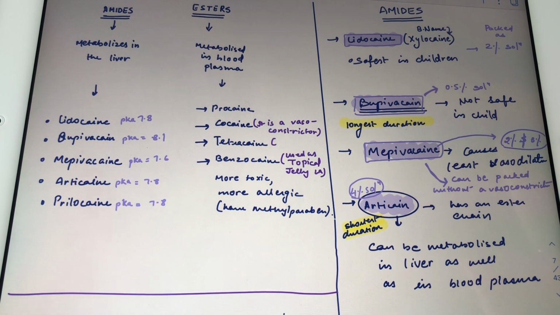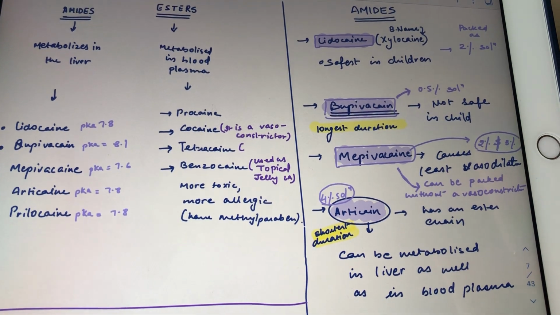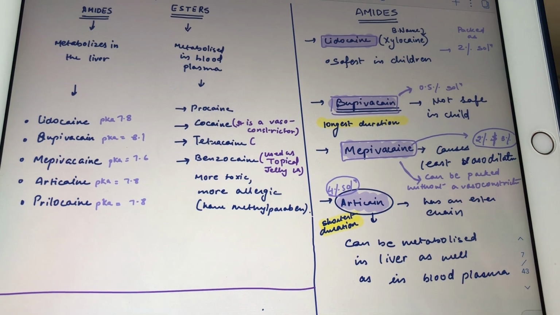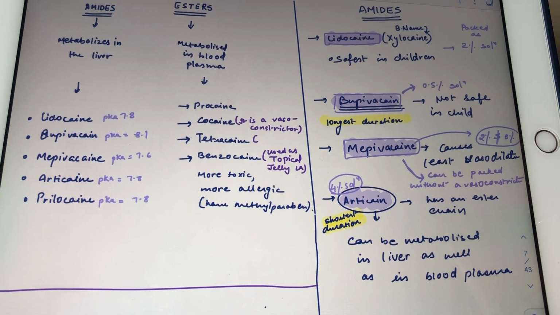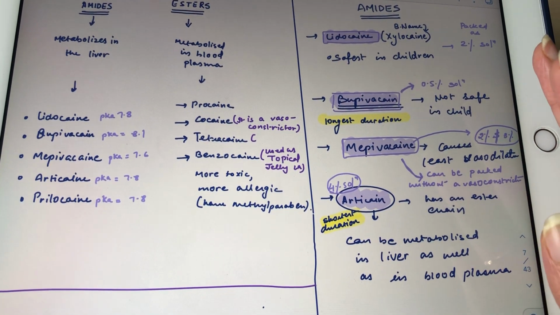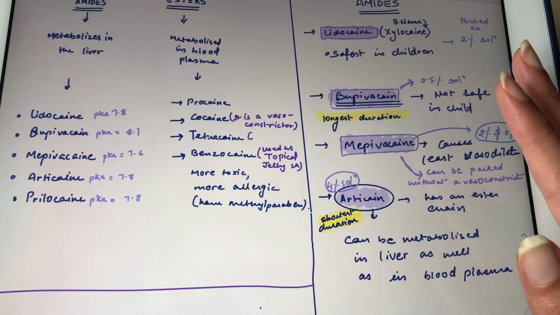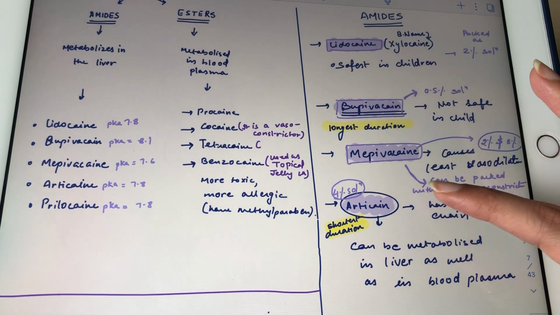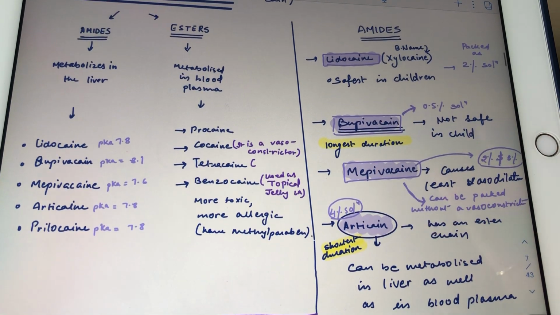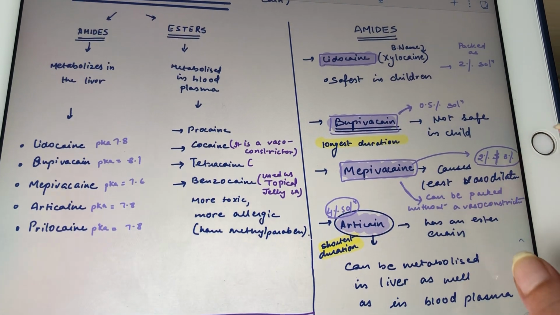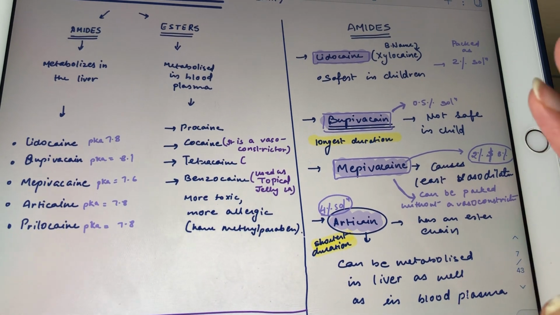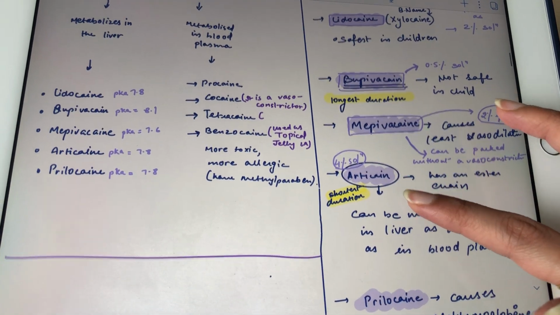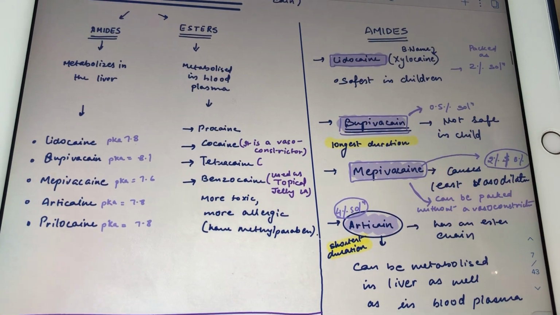So this is also a very important reason why esters are used rarely, but in conditions where they are required and where amides are contraindicated, esters are very helpful. Now I have summarized some of the points about amides. Let's go through it slowly and we'll be discussing other parts later.